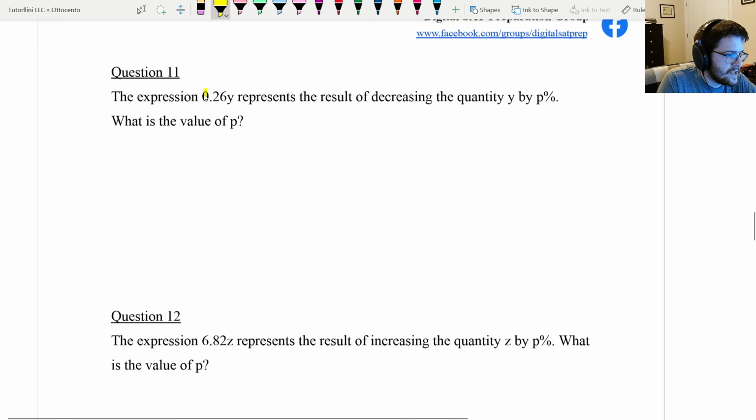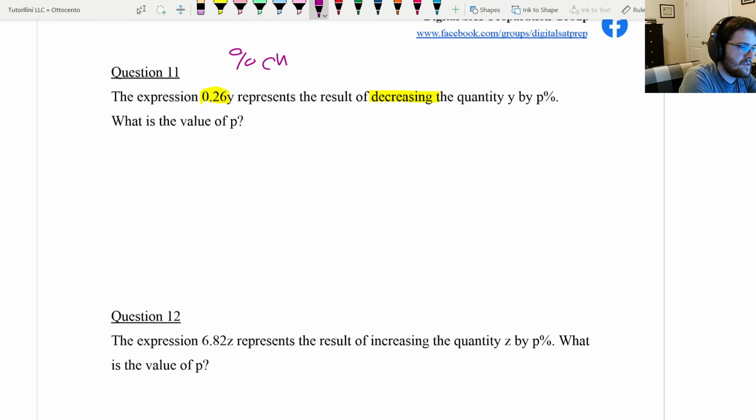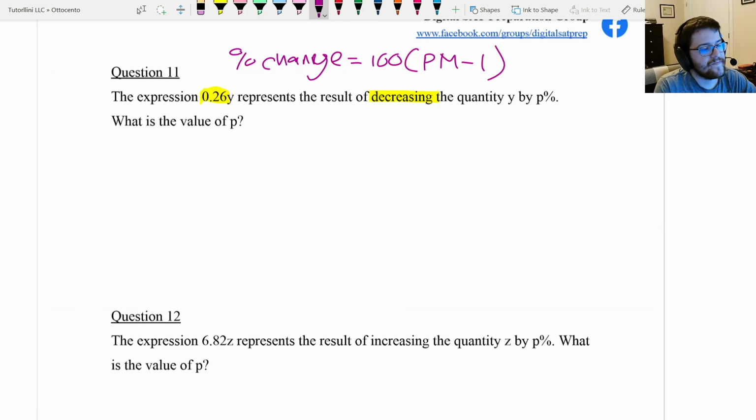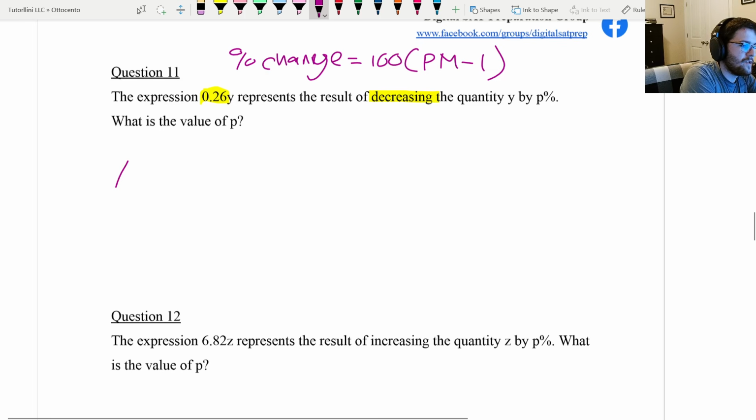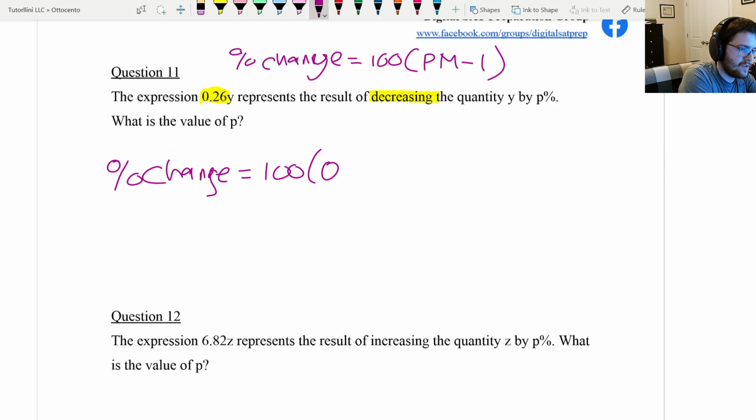All right, this guy is a percent multiplier. It's less than 1, so I bet it's asking me to find a decrease. The question is, so we can do percent change equals 100 times percent multiplier minus 1. So we're going to do percent change equals 100 times 0.26 minus 1.